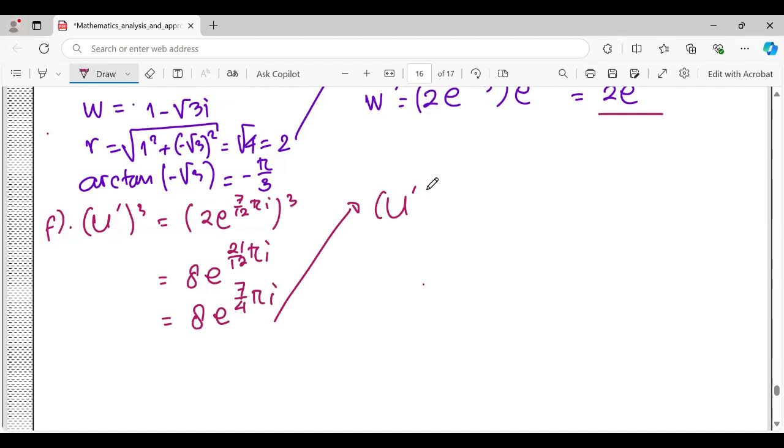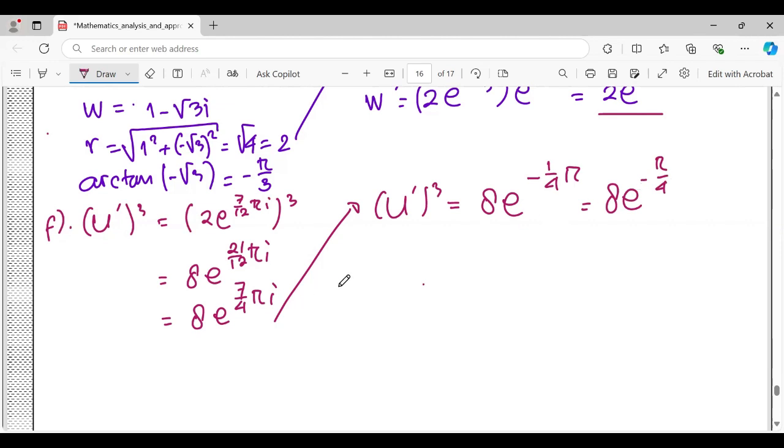It becomes 7 over 4 at third quadrant. So it becomes 8 e power minus 1 over 4 pi, okay, at third quadrant, or 8 e minus pi over 4.